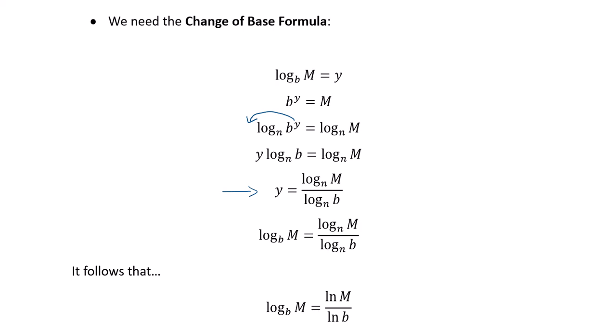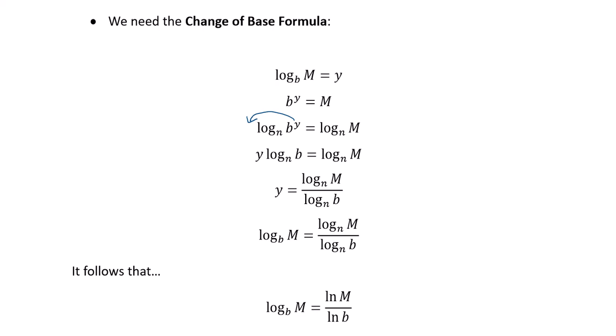This means the y that I started with up here is equal to the y that I end with here. So I know log base b of m is equal to log base n of m divided by log base n of b.